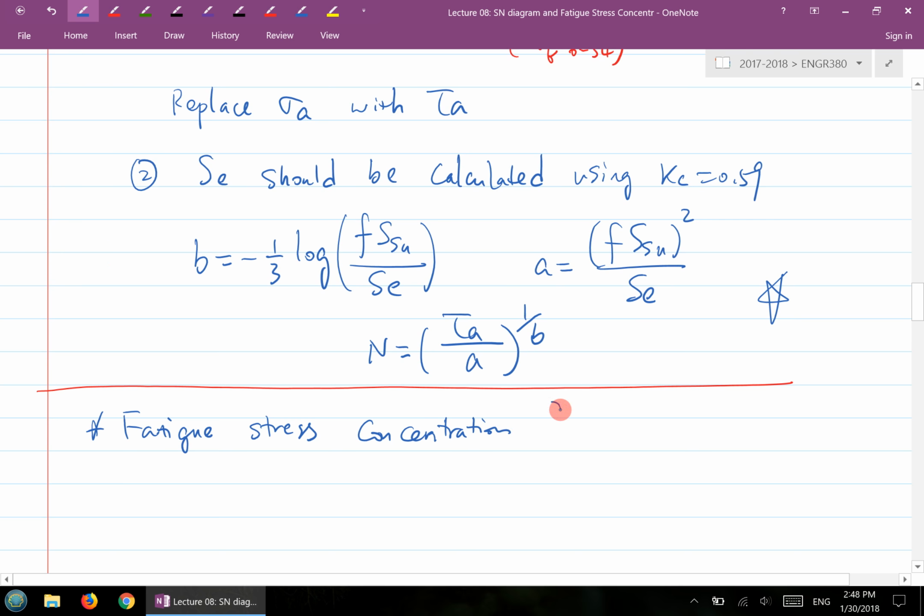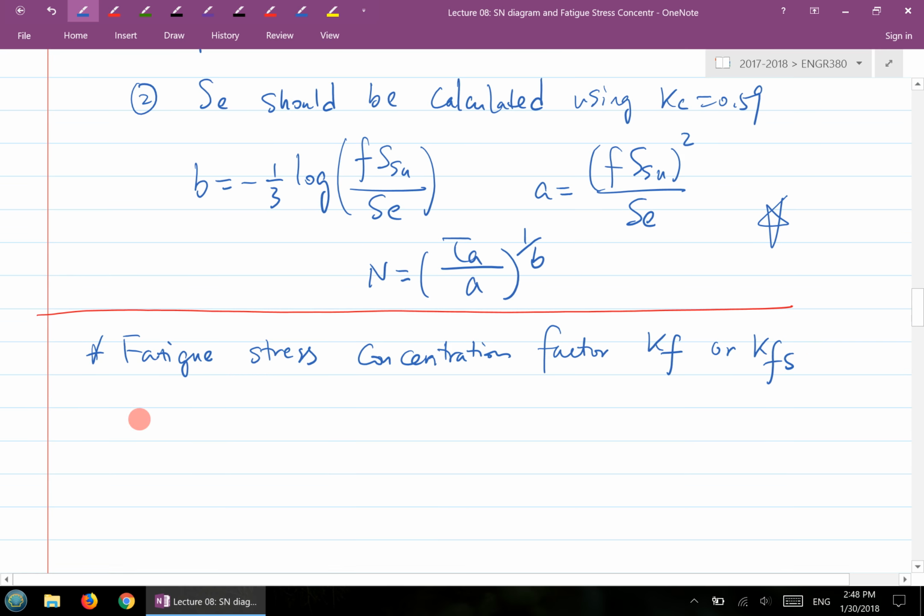Fatigue stress concentration factor, Kf, or Kf shear, KFS. First of all, we use Kf for normal stress, and we use KFS for the shear stress.